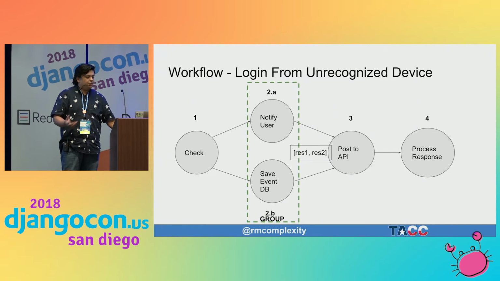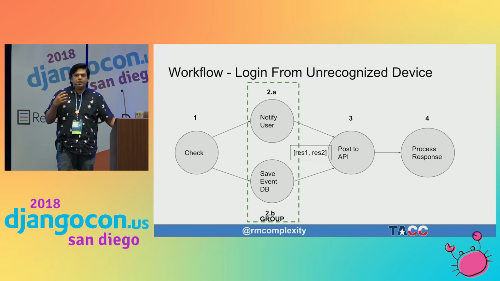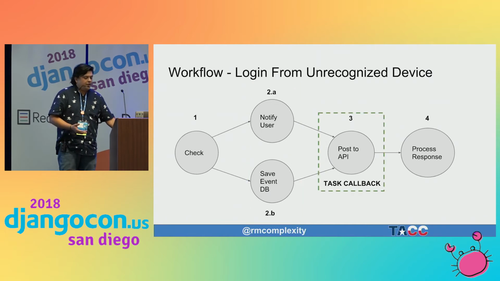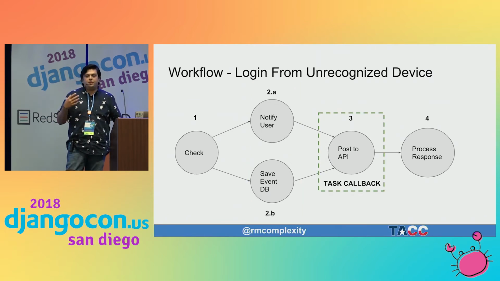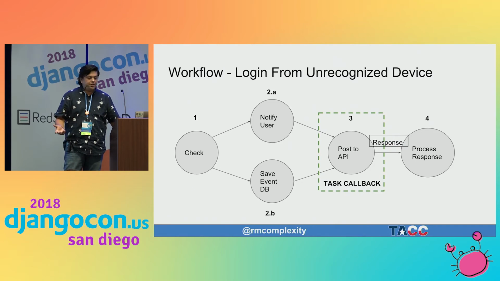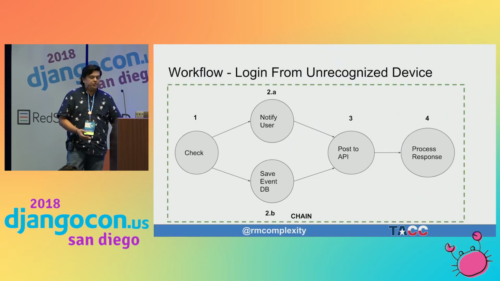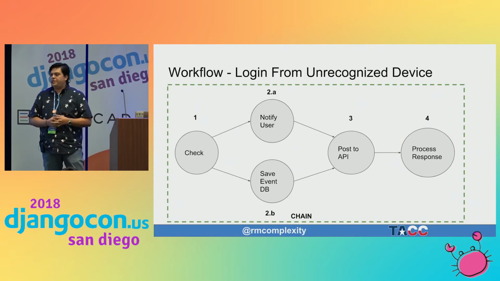Then this array of results is going to be sent to this other task, which is going to be our step 3. And this one, which is basically a callback, is going to post all of this data into this third-party API. And then this response is going to be fed into this last step, which is our last callback. And all of these, we have to put into a chain. That way, we can go from step to step.